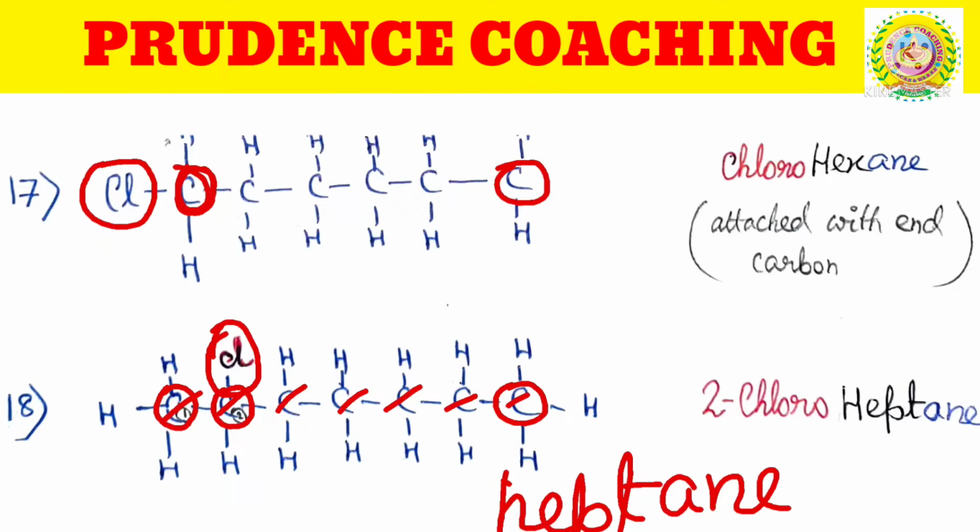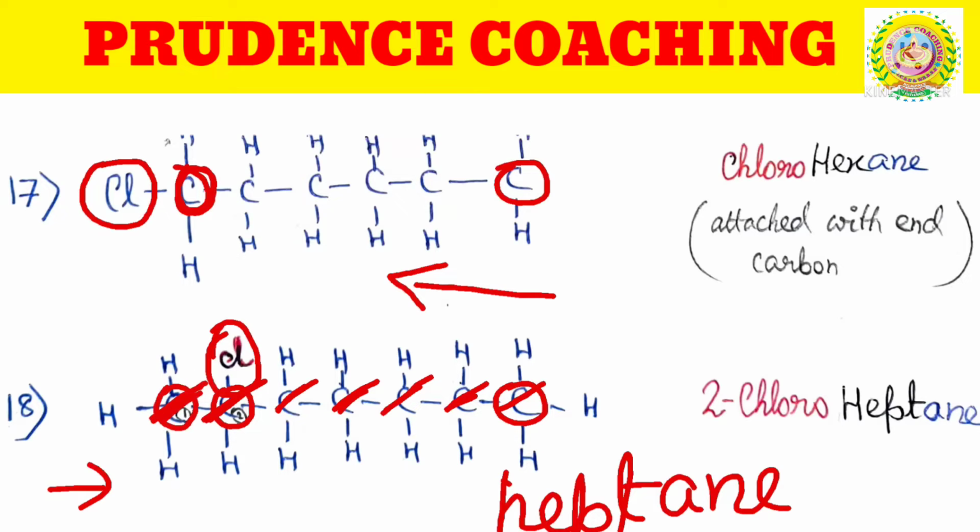So here my dear students, if we count the number of carbons from this side, you will get 1, 2, 3, 4, 5, 6. You will get the chlorine in the 6th position of the carbon. But if we count from this side, you will get it in the 2nd position. So here always remember you need to consider the shortest distance or the nearest one.